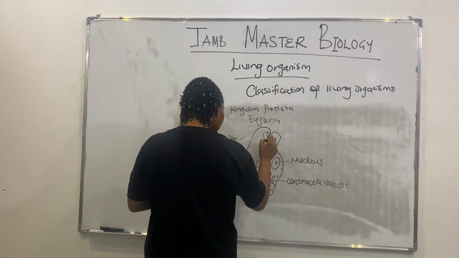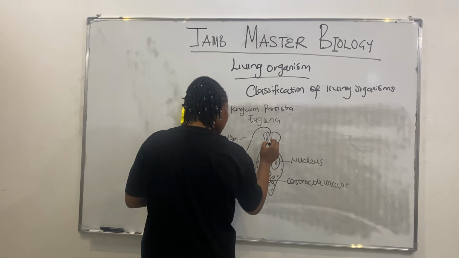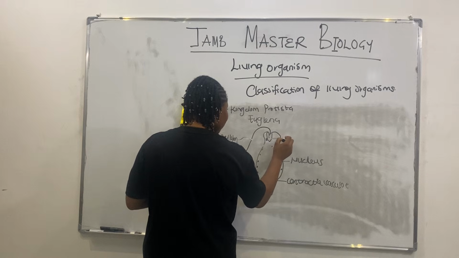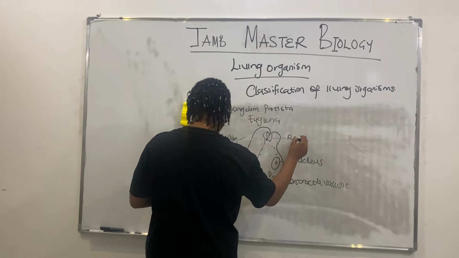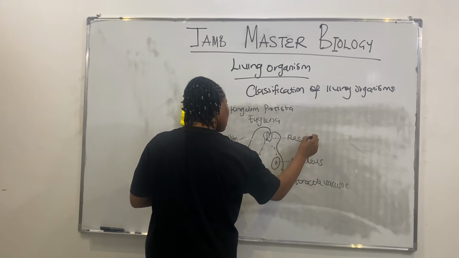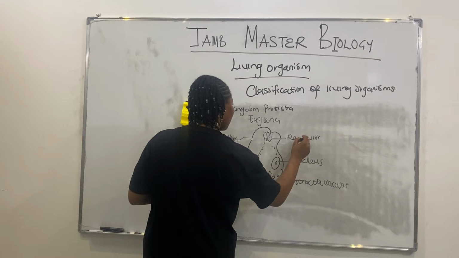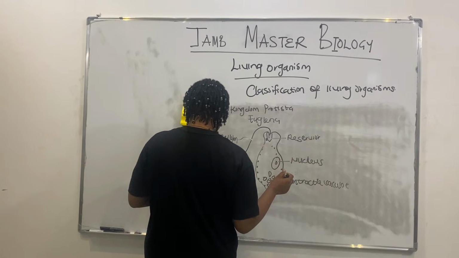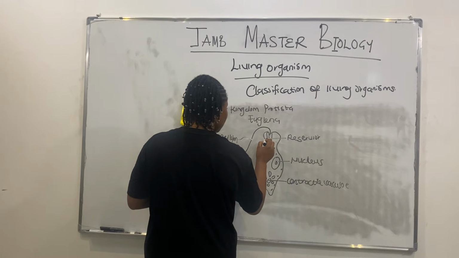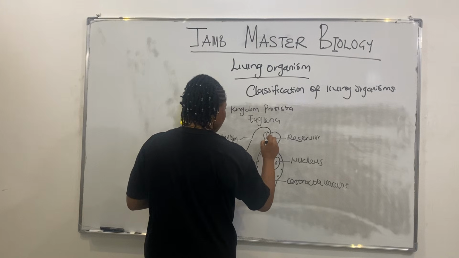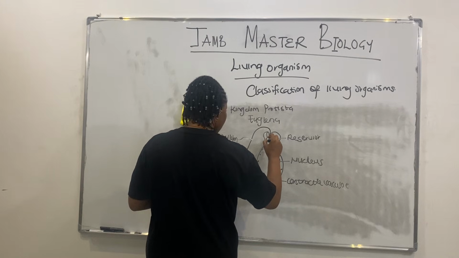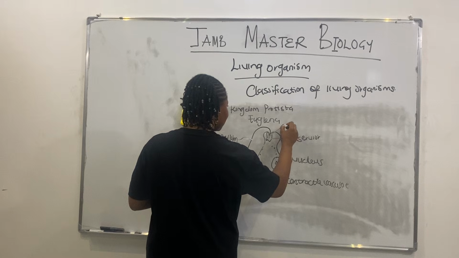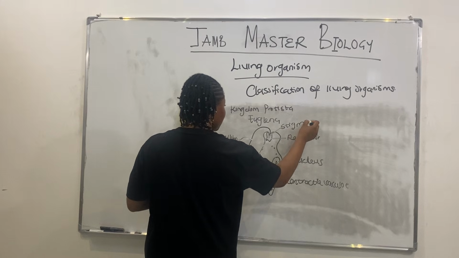It has something here. This place here is the reservoir. Then this is the stigma. I told you that it has both animal and plant characteristics.